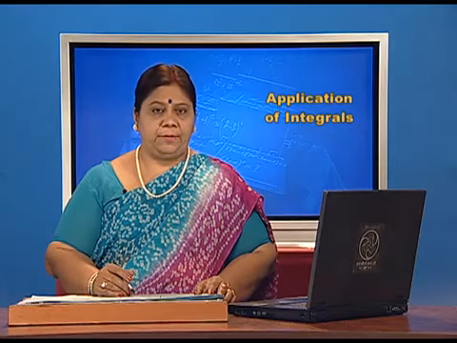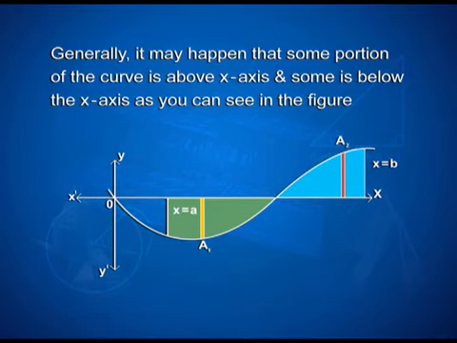Generally, it may happen that some portion of the curve is above x axis and some is below the x axis. As you can see in the figure, this is the x axis and this is y axis, and a portion of the curve is below the x axis and the other portion is above the x axis. In such cases, we add the areas A1 and A2.